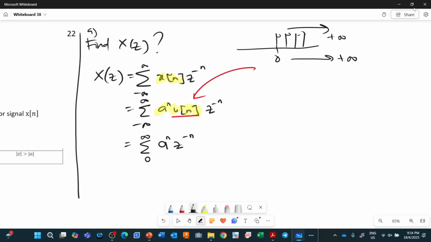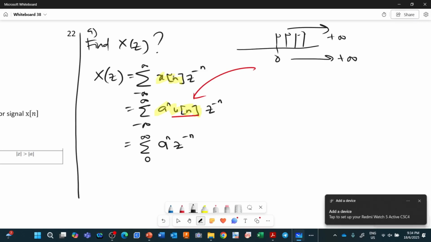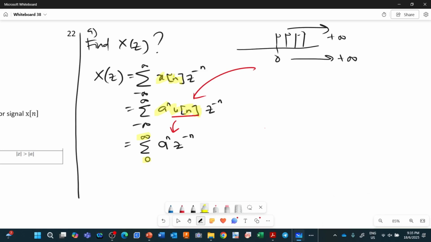Anyone don't understand how I got this? How from this it became this? What happened to u[n]? We already understand that it's a right-sided sequence, 0 to plus infinity. Because of this, we change it to 0 to infinity. The original equation is minus infinity to infinity.